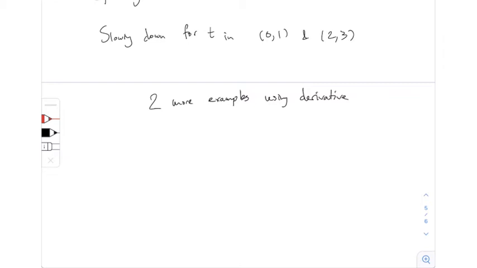Usually when people explain what the derivative means, they say something like how fast something is changing, which implies changing over time. But actually the derivative is useful even in other situations which have nothing to do with changing over time. So I got 2 more examples using the derivative without time.